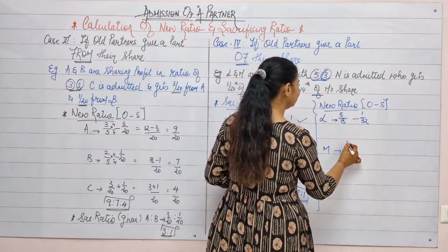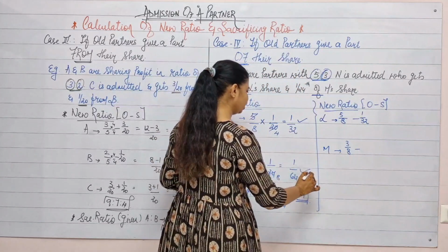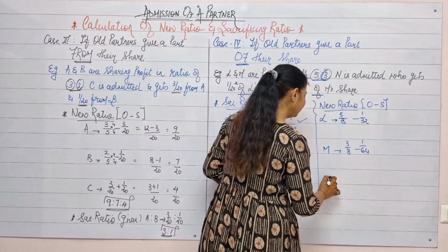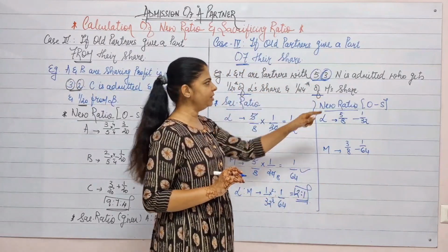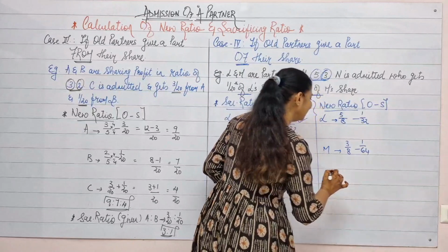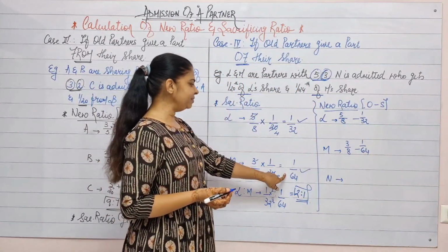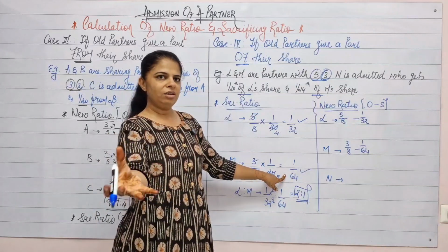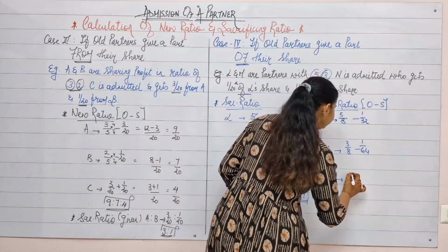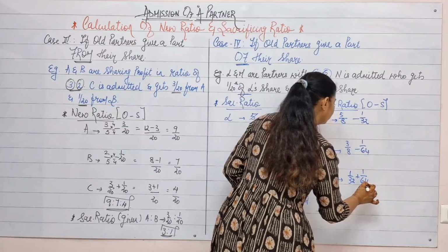It was 3/8 minus उसके sacrifice का share was 1/64. And the new ratio always will be including the new partner जिसका हमें अगेन डायरेक्टली शेयर नहीं दिया, but we know that L and M ने जितना भी सैक्रिफाइस किया वो दोनों का सैक्रिफाइस N को मिला. So it will be 1/32 plus 1/64.